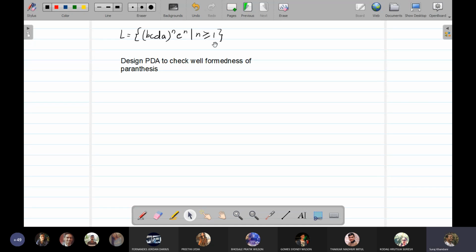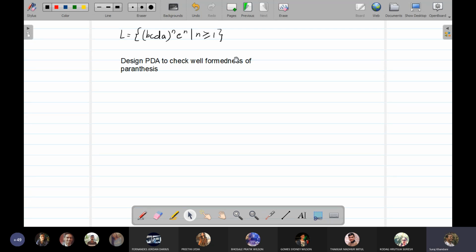So we change the state to Q4, stack top is X, and we remove the stack top element. In Q4, another E comes in, stack top is X, then we remove the stack top element out of the stack. In Q4, input ends and stack top is R, then we go to QF.